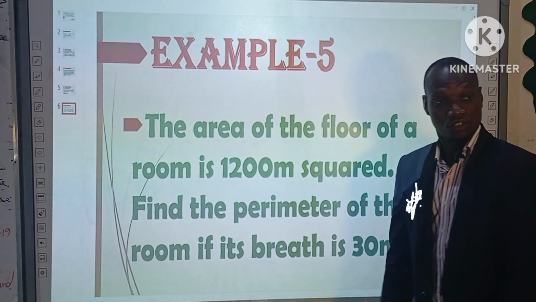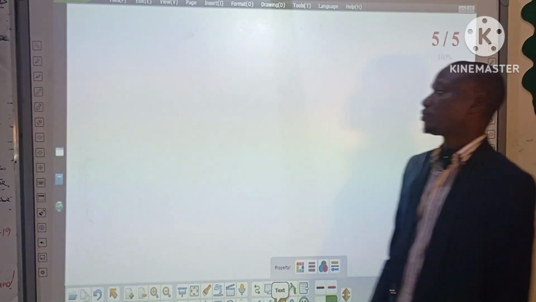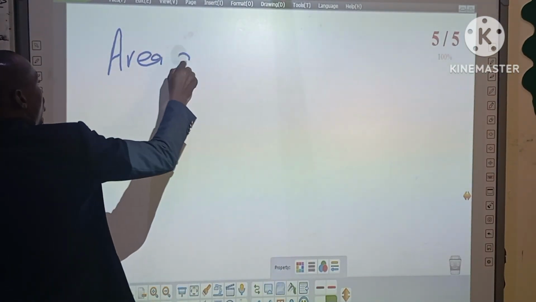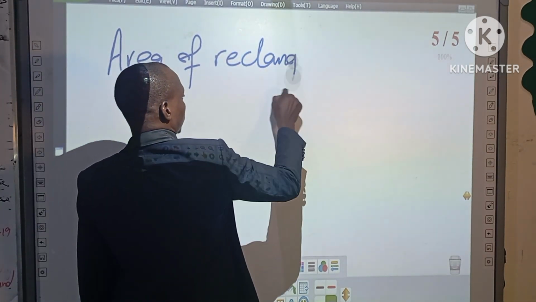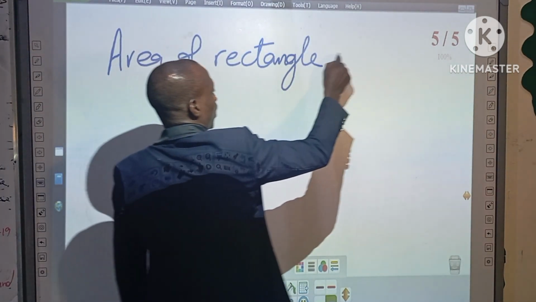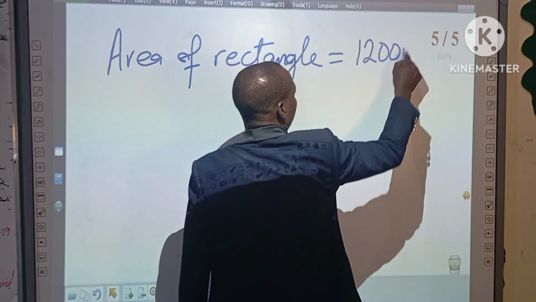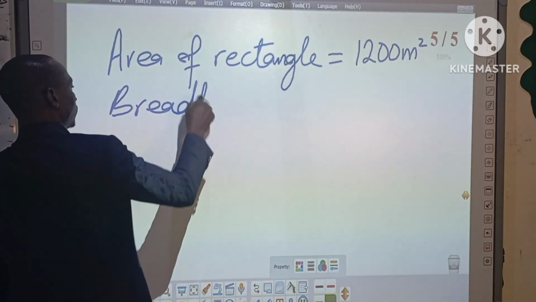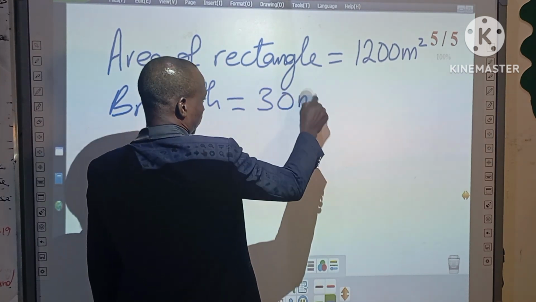Now let's go to the board to solve this question. Area of rectangle is equal to 1,200 meters squared. Breadth is equal to 30 meters.